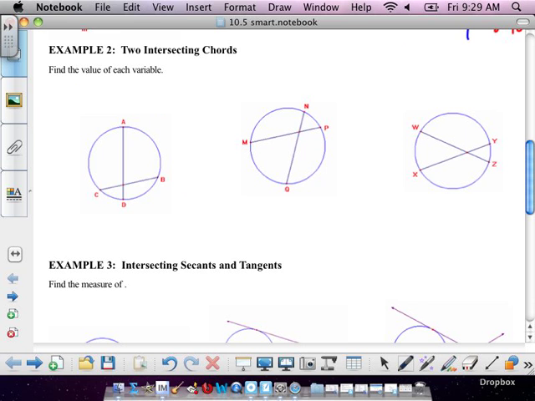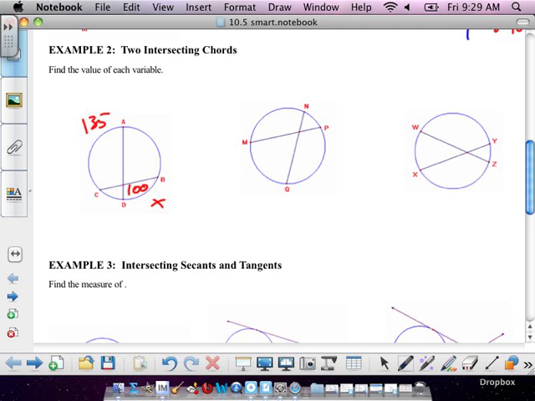So if this is 100, and this is 135, how can I find x? Well, let's go over what 2 chords intersecting means. If you have 2 chords that intersect in the interior of a circle, then the measure of each angle is 1/2 the sum of the intercepted arc and its vertical arc.